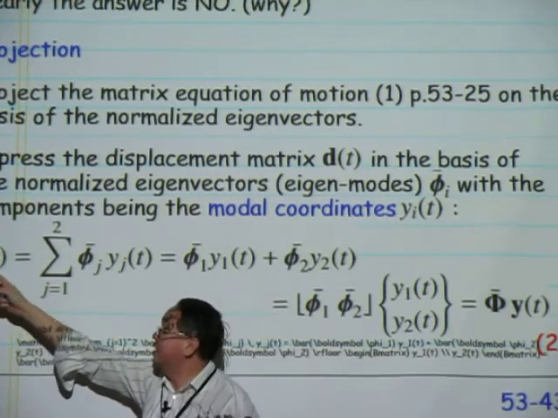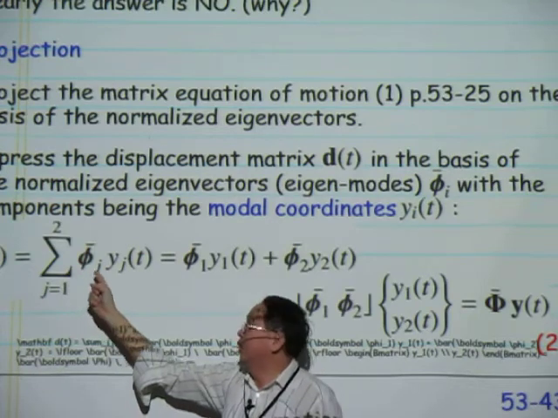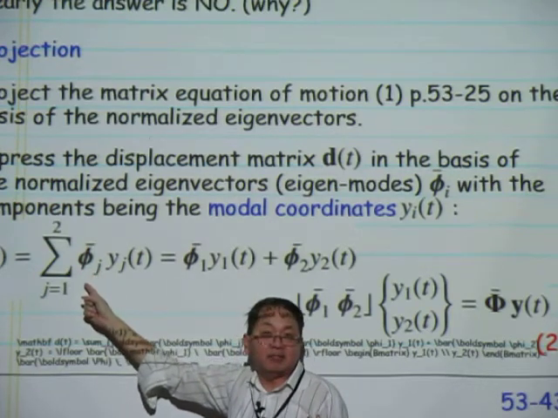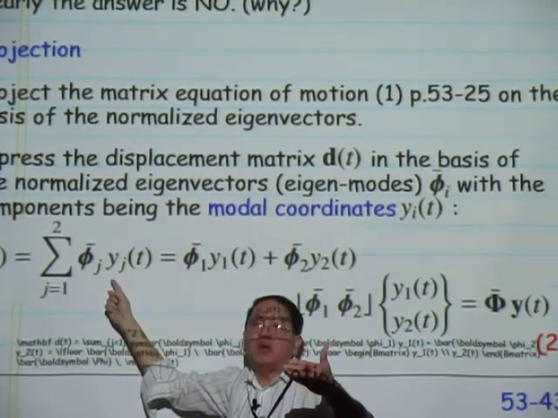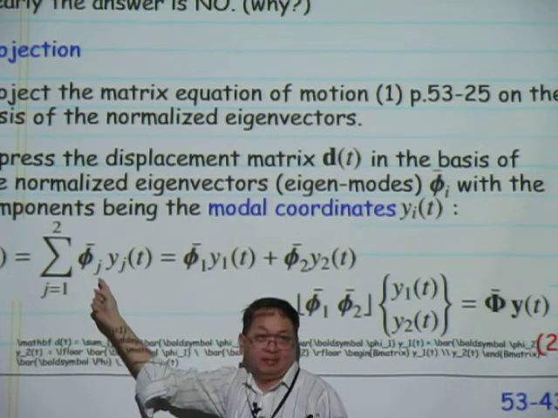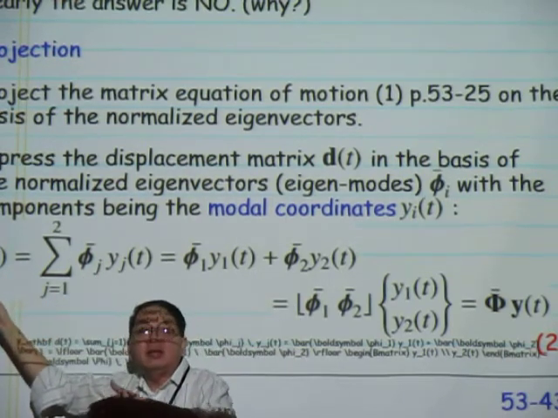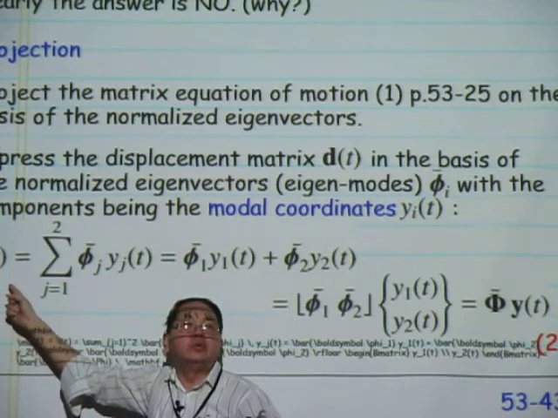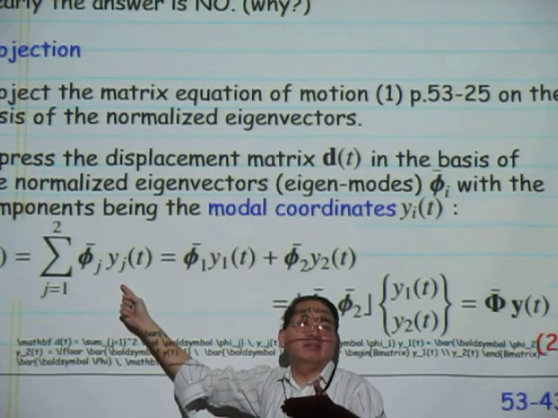vector or a column matrix in terms of the new basis, you know. So these are the normalized eigenvectors, and this is the new displacement, or the components of the displacement in the new basis. Okay, the components of the displacement in the old basis would be d1 and d2, but in the new basis, the notation y is used.